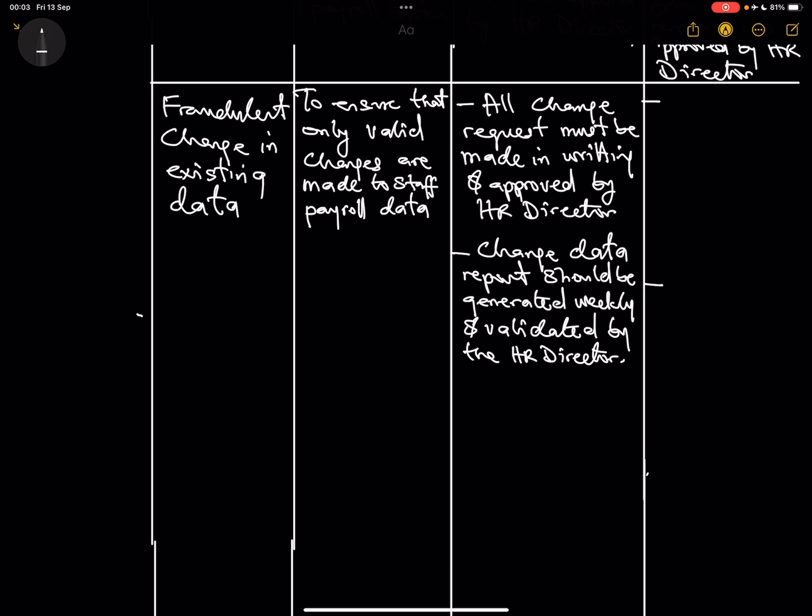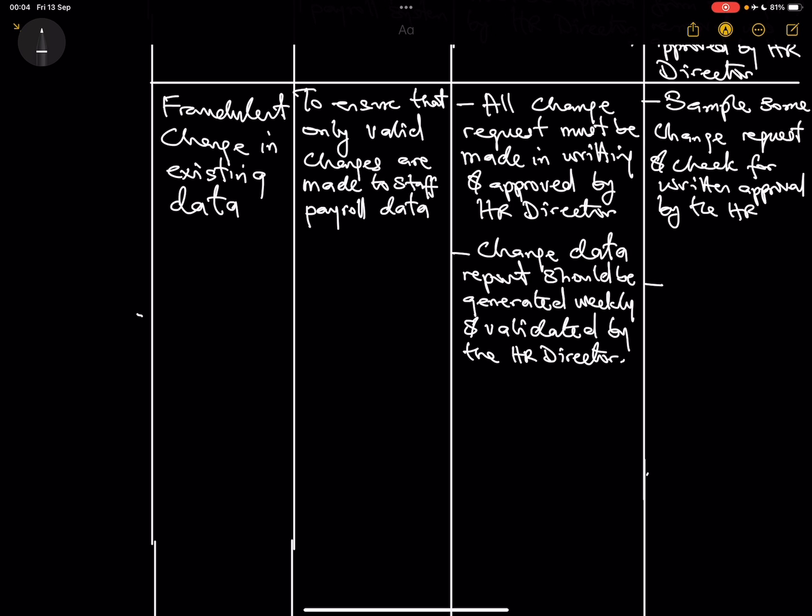All auditors need to do here is to sample some change requests or changes already made, and check for written approval by the HR director.